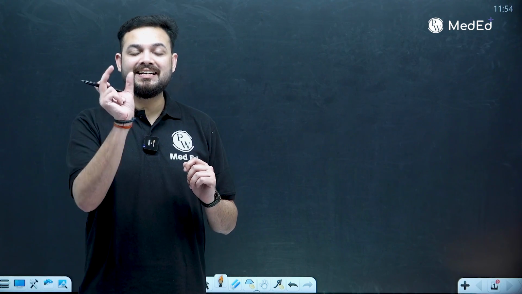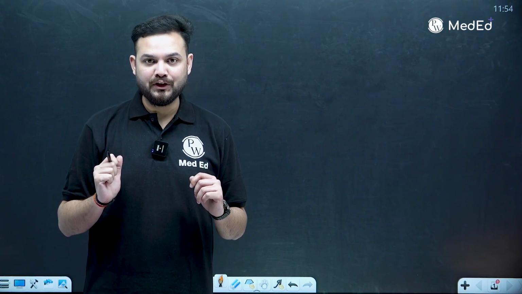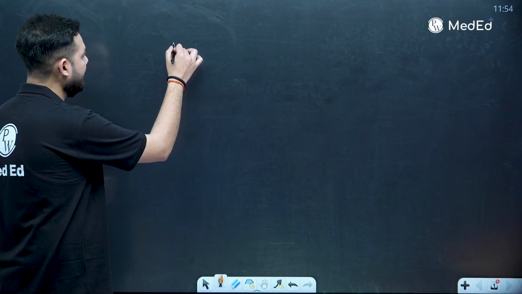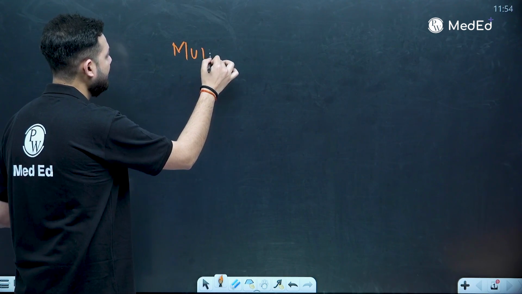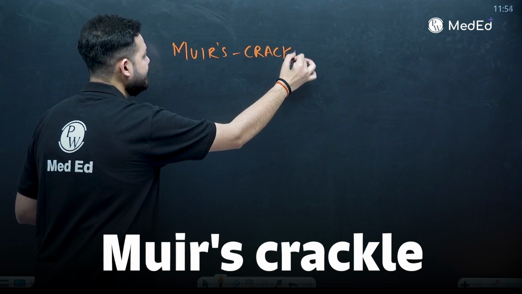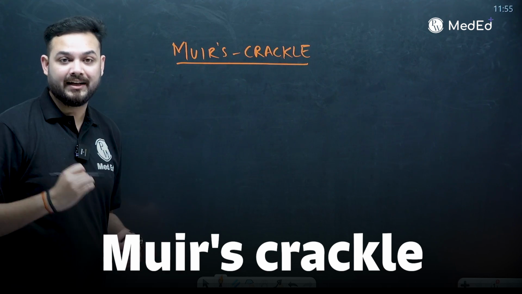I told you that it is the grating of the cricoid cartilage against the cervical vertebra. So, what is this called as? This normal crackle is called as Moore's crackle. So, this is the normal crackle which is present, and it is called as Moore's crackle.